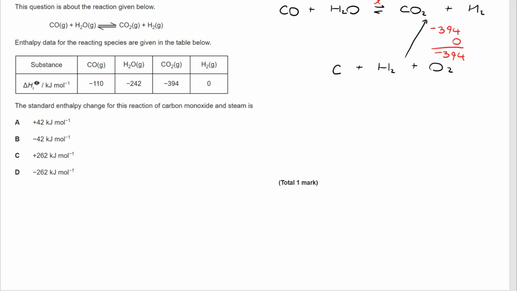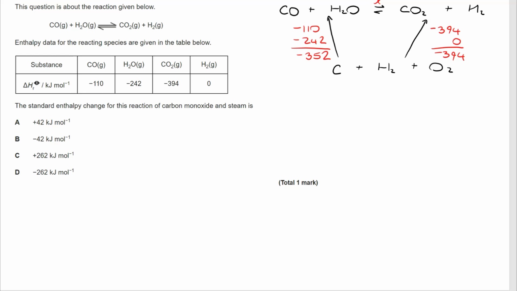My formation of carbon dioxide is negative 394. H2 formation is 0 by definition because I'm forming it from its element in its standard state at standard temperature and pressure. But I've also been given the enthalpy of formation of carbon monoxide and water, so we can put those in. There's 1 mole of each of them, so it is simply negative 110 plus negative 242, giving us negative 352.